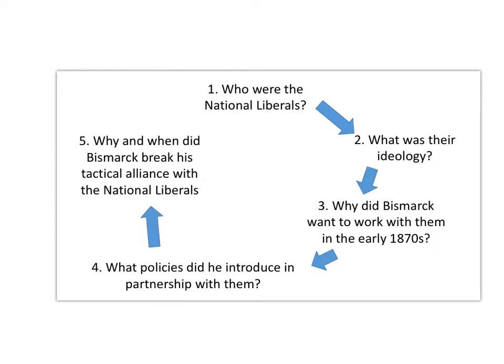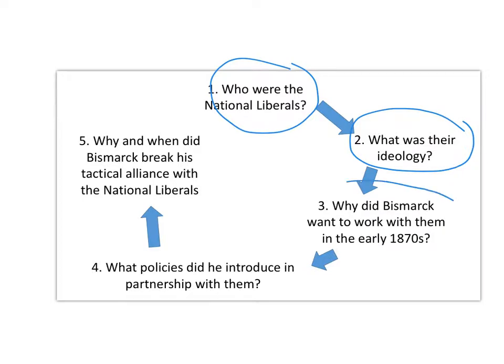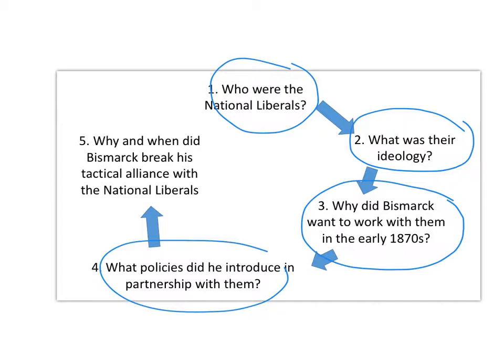So we'll start off with who the National Liberals were. We'll need to consider what their ideology was. Then we start talking about Bismarck, the Chancellor of Germany, and why he wanted to work with them in the early 1870s. What were his policies? And then the reasons why later on in the 1870s he broke that tactical alliance with them.